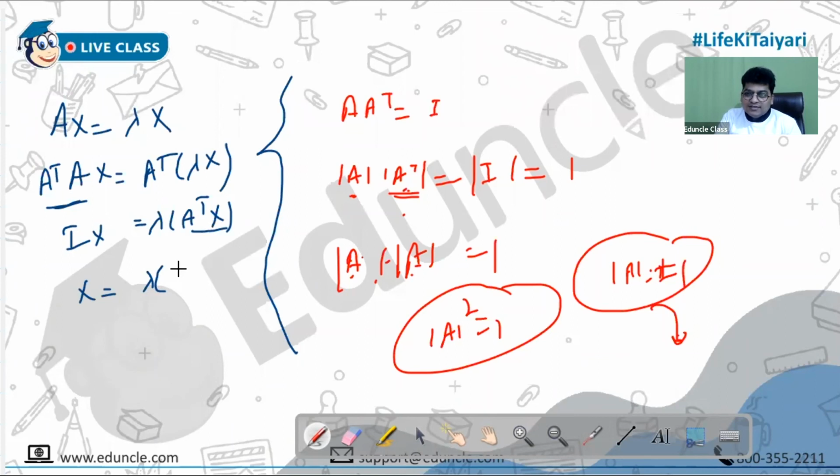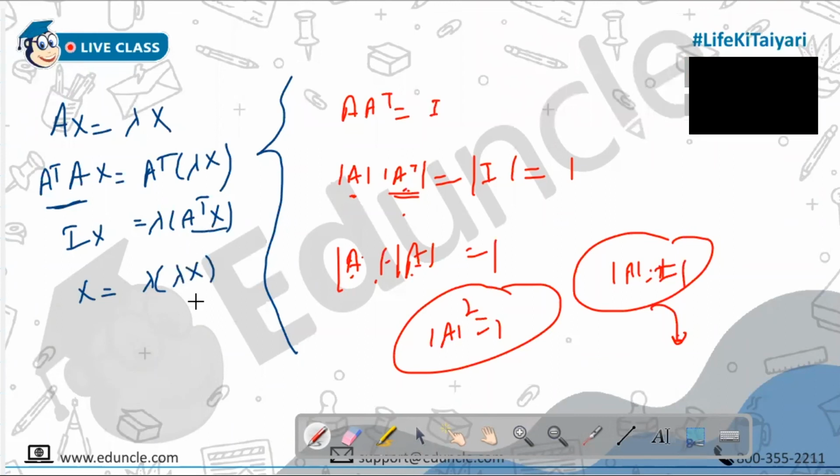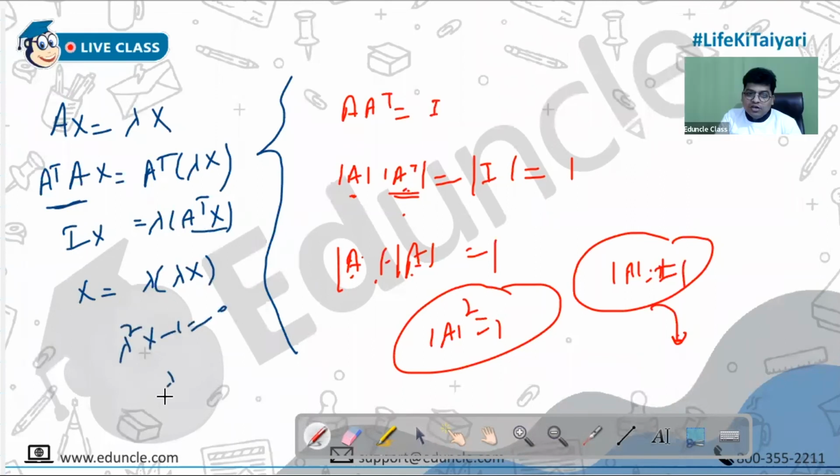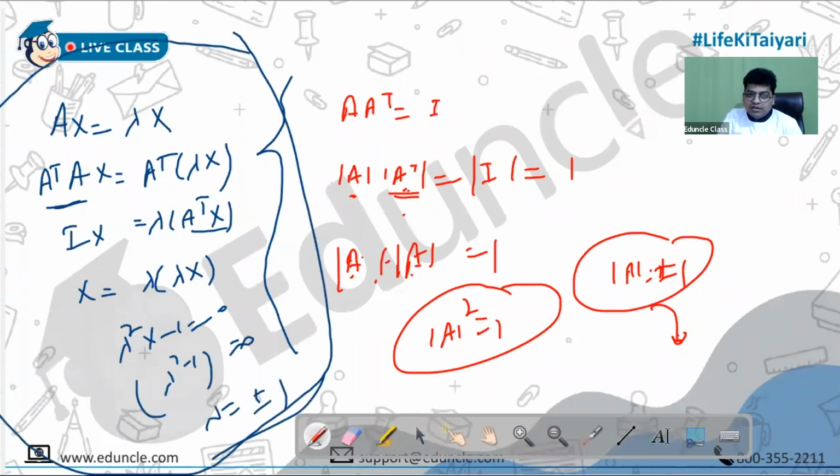Are you saying like this? A transpose x equal to also lambda x. So lambda square x - 1 is equal to 0. Lambda square - 1 is equal to 0. Lambda is equal to +-1. घर पे जाके एक बार चेक कर लेना. Just try to find out the answer in this way. So lambda is equal to +-1 like that you are saying. Is it? Okay, just go and check. I am not telling you, just go and check.